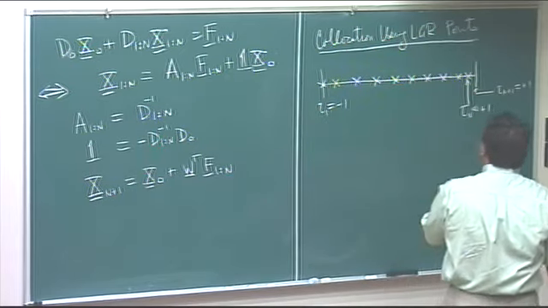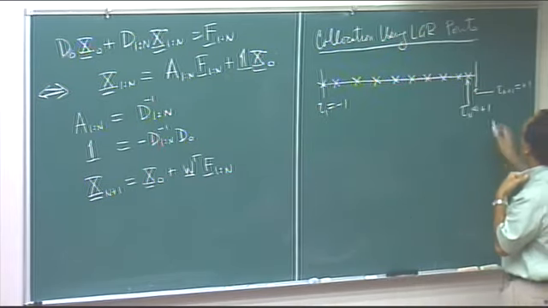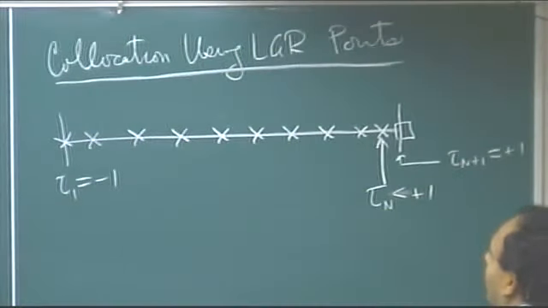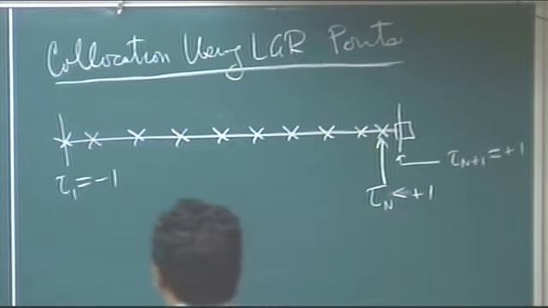In this case, though, we only have one endpoint that is not a collocation point because the quadrature points include the initial point. So what we do is we construct a state approximation as follows.